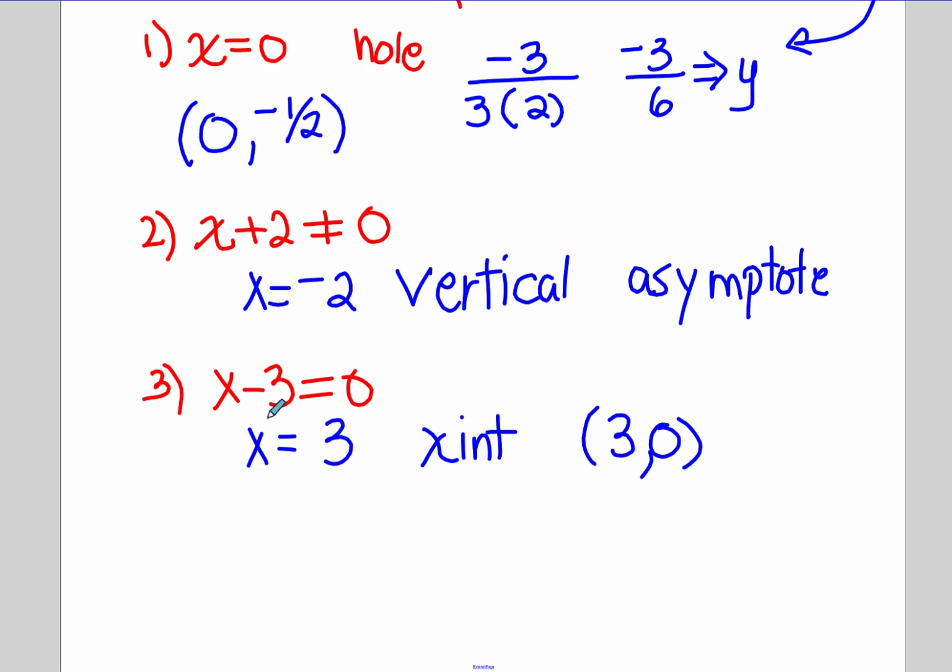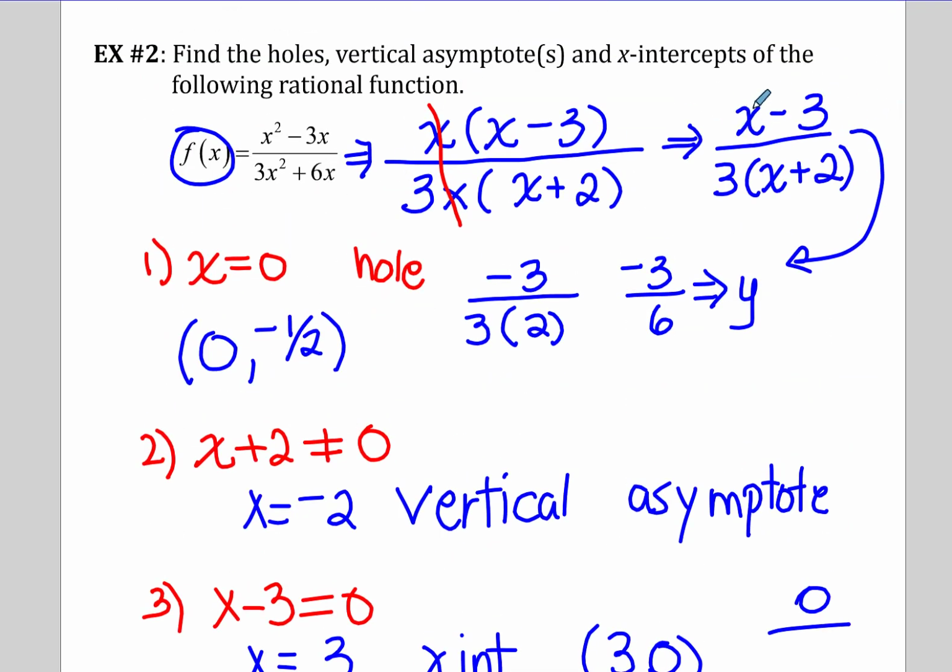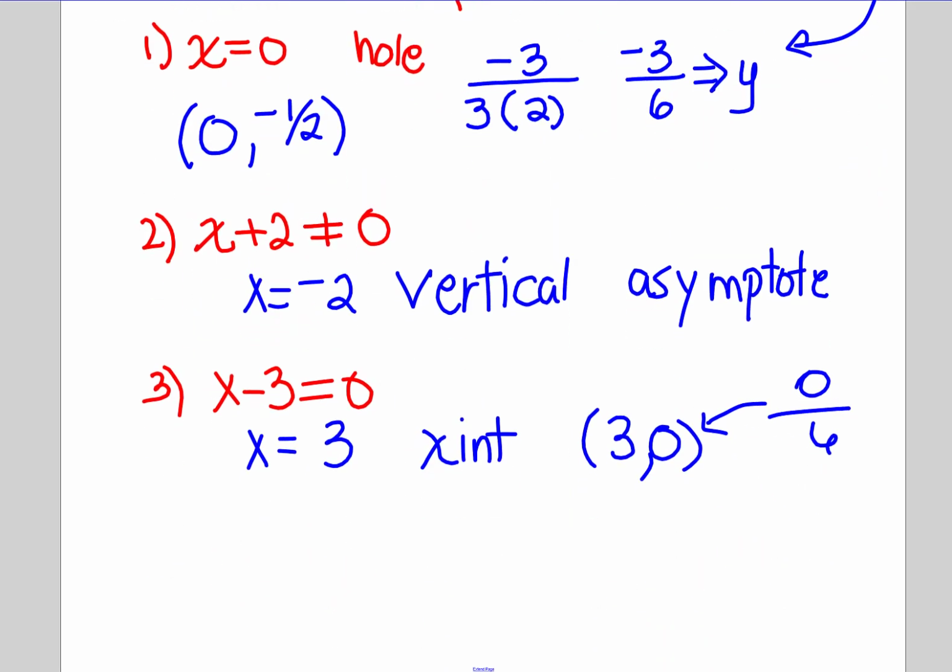See, when the numerator is equal to 0, we have 0 over whatever number it would be. If you plug the 0 in here and plug the 0 in here, 0 over 6 is our y value. That's okay. So we found a hole at 0, negative 1/2, a vertical asymptote at x equals negative 2, and an x-intercept at 3, 0. Okay?